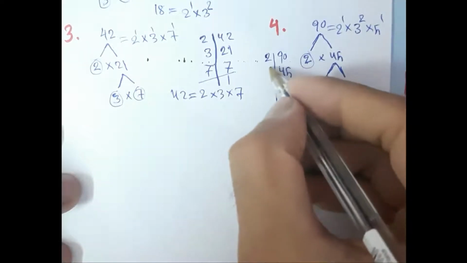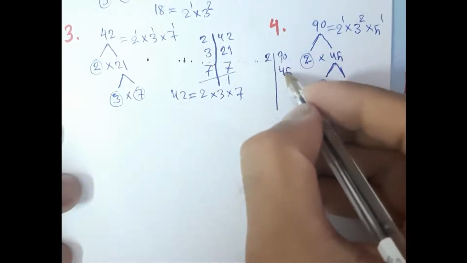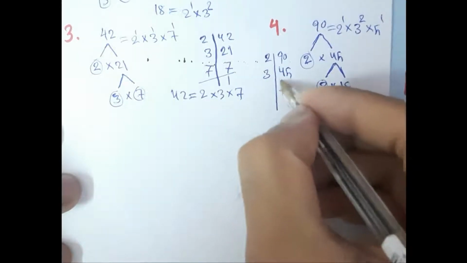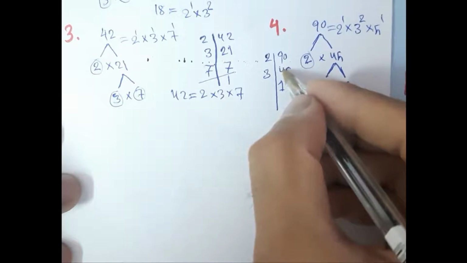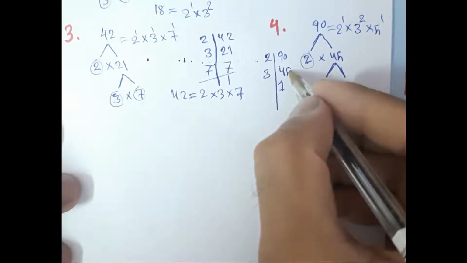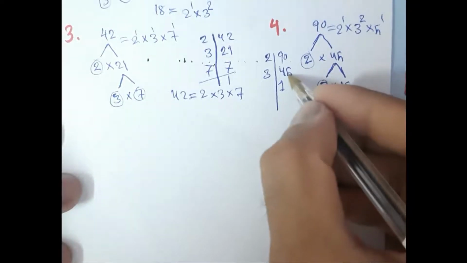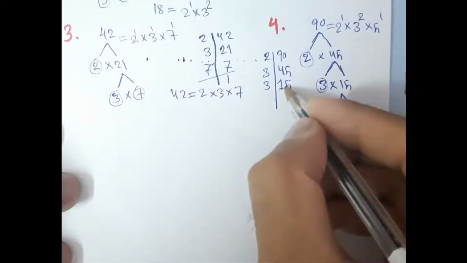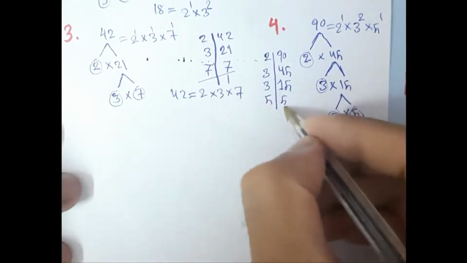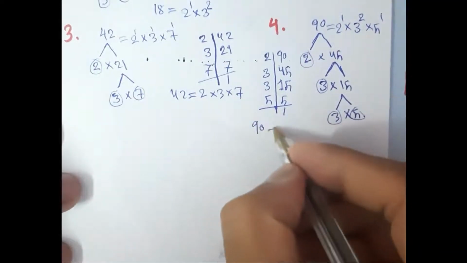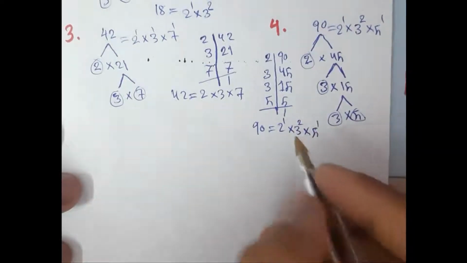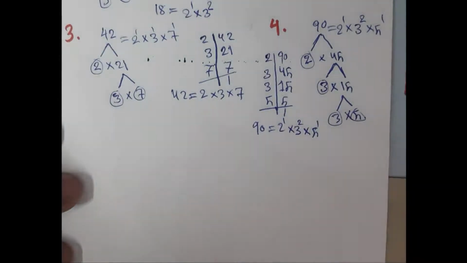Here 45 cannot be divided by 2, so 45 can be divided by 3. 4 divided by 3 is 1, we carry the 1 next to 5, it becomes 15. 15 divided by 3 is 5. 5 divided by 5 is 1. 90 is equal to 2 to the power 1 times 3 to the power 2 times 5 to the power 1. It is the prime factorization of 90.